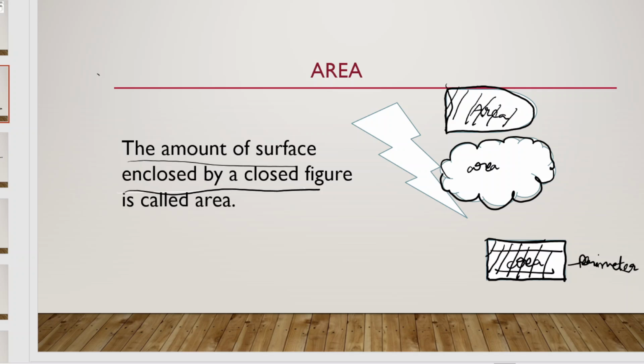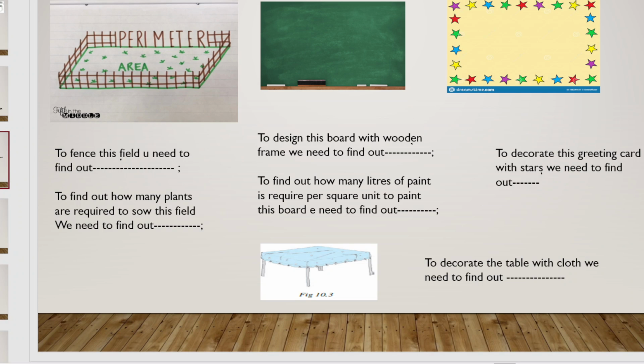So you know children, the perimeter deals with all the boundaries of the closed figure, whereas area deals with the space surrounded by those boundaries.